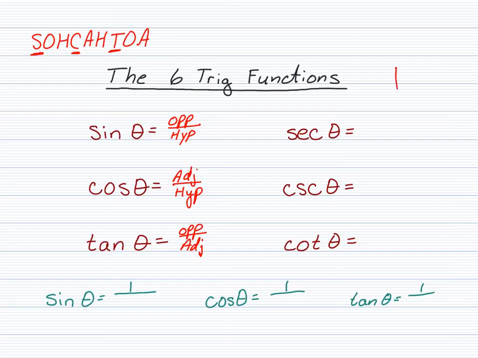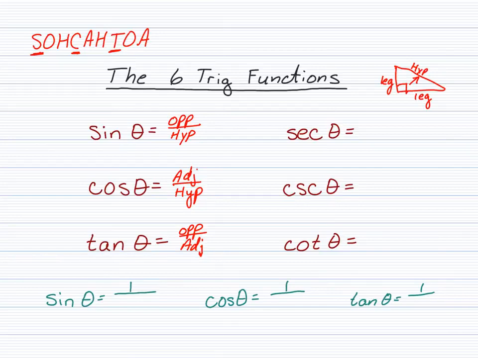Now, when you have a right triangle, the hypotenuse is the side across from your right angle, and the other two sides of a right triangle are called your legs. And so when we refer to opposite and adjacent, we are referring to the legs of the right triangle.